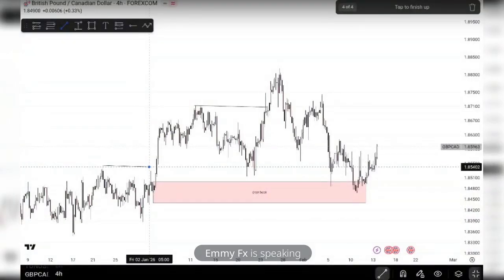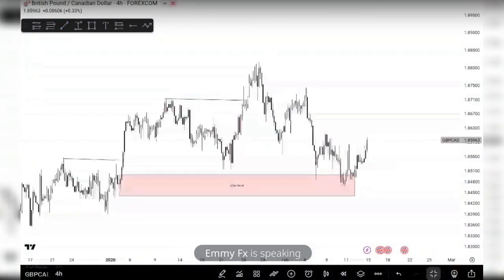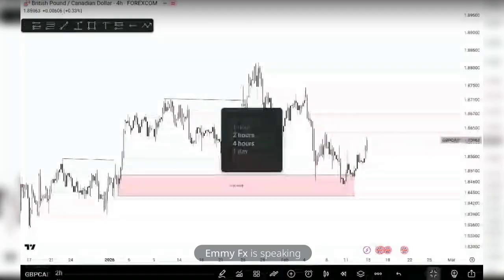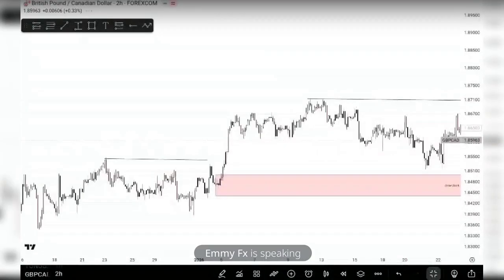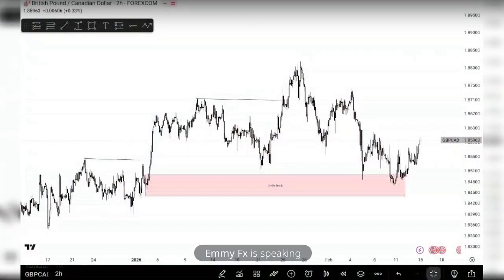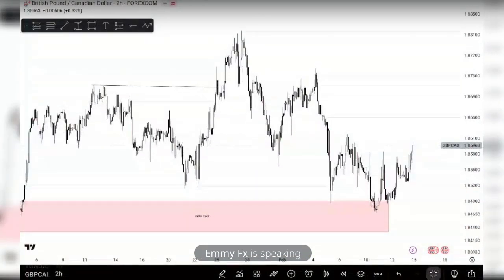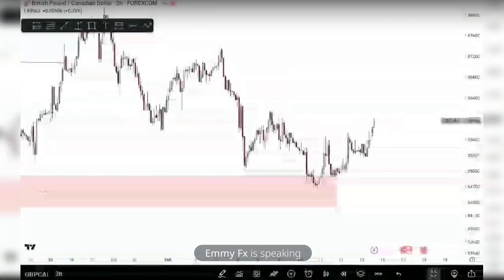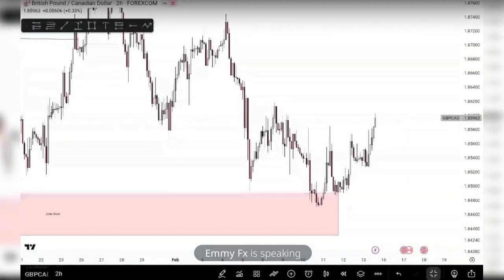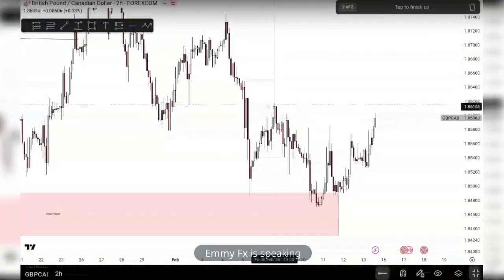So price has reacted and this shows a move to the upside. All right, so in the 2 hours time frame, price reacted from that order block, demand zone, and this shows a move to the upside. I want us to also, because we have these highs which is here, right? We have these highs.